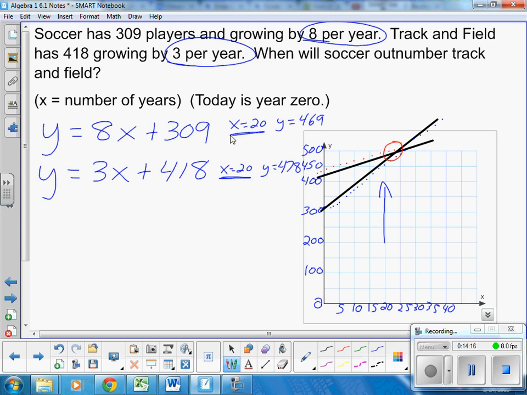So our answer, if we estimate, I would say 23 to 24 years. But that depends on how good my graph is. It might be 25. All righty. There you are. Good luck.